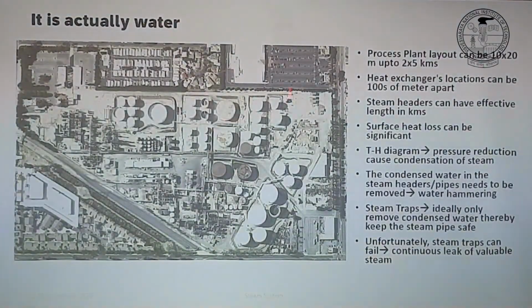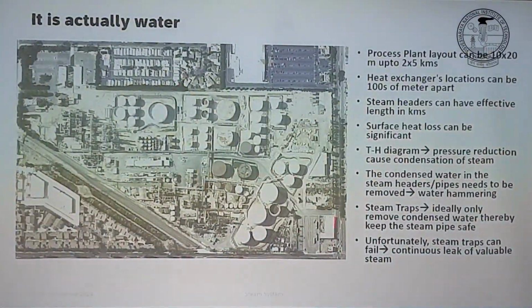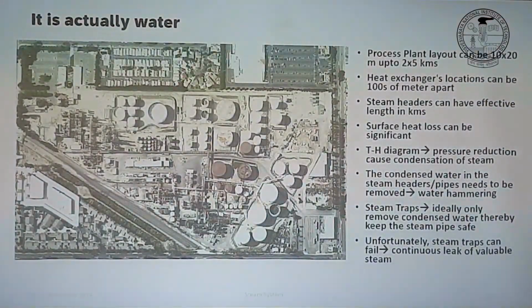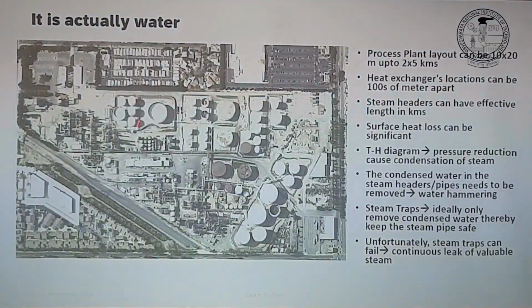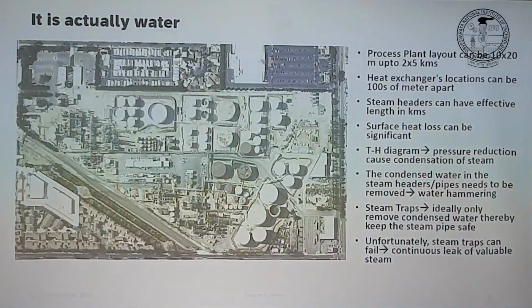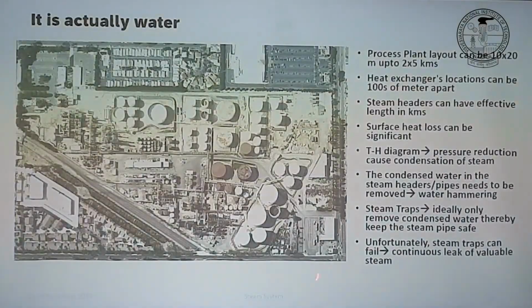That's typically what a plot plan of an industrial site looks like, and we're talking about maybe 200 meters by 200 meters. That means you generate steam, but you also have to move it around. Maybe one exchanger or consumer is here and another one is here. So you will have steam headers transferring your generated steam. What it means is surface heat losses.